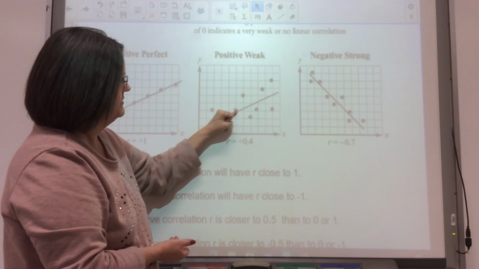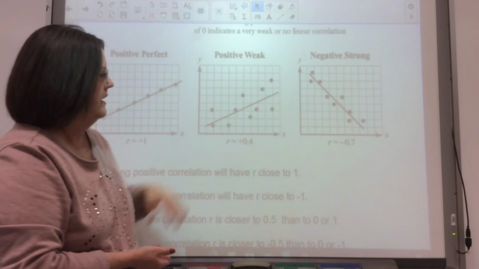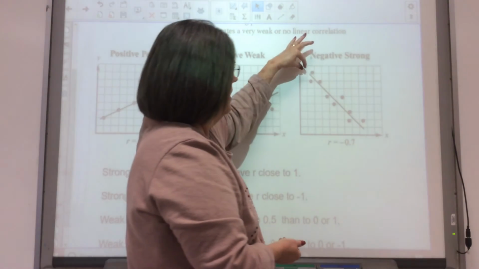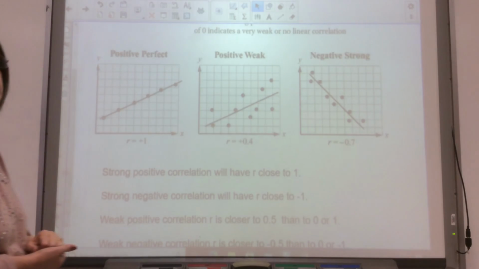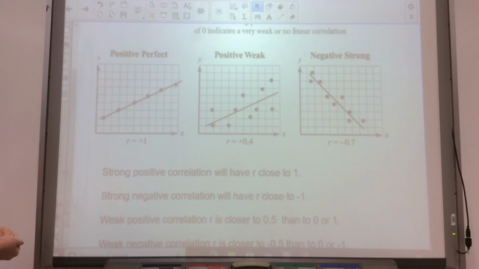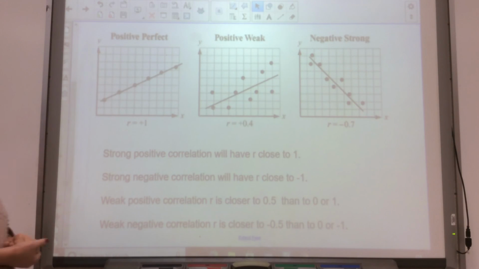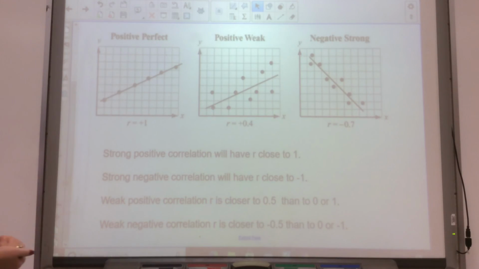This one here, you see the line going through it, and the plot's wider, and so that's a weak one. And this one is strong. They're all tight around the line. That's a negative one, but it's strong. So the closer to 1 or negative 1 that it is, the stronger the correlation. The closer to 0.5, then the weaker the correlation is.